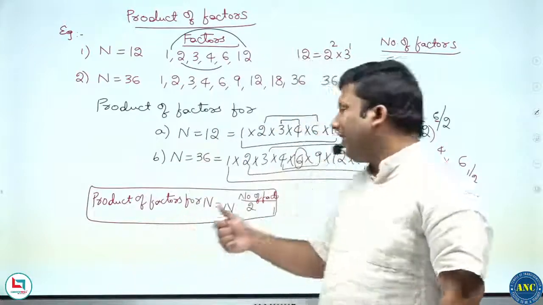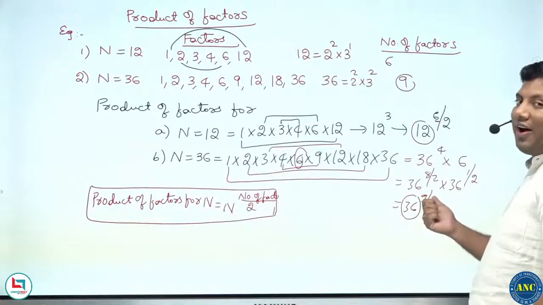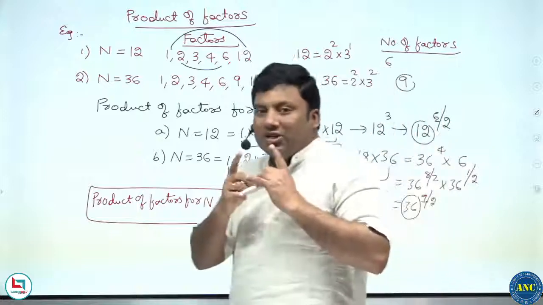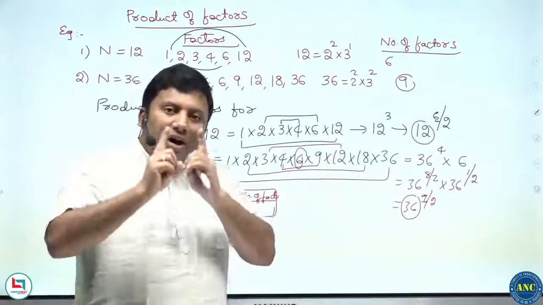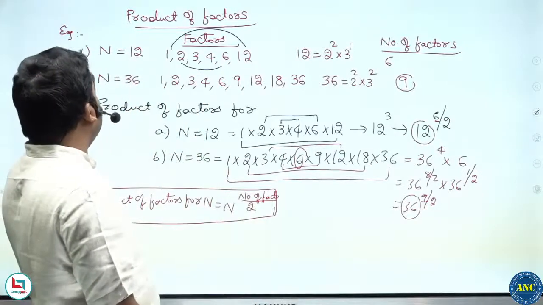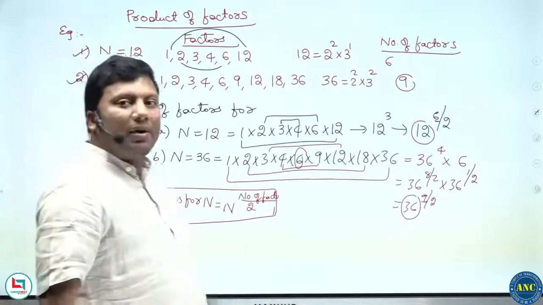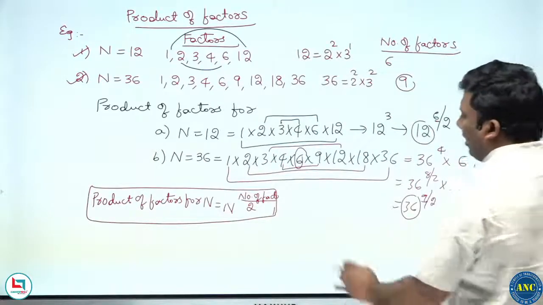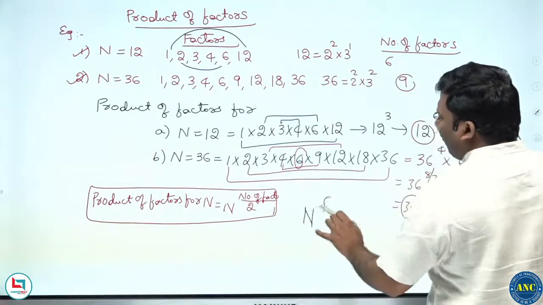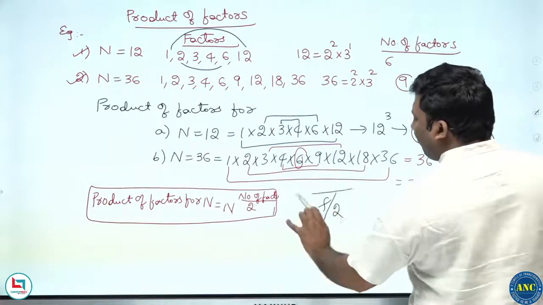If it is a perfect square, I will get a fraction value in the power. If it is not a perfect square, I will get an integer in the power. Whether the number is a perfect square or a non-perfect square, the answer is always given by number power number of factors by 2.